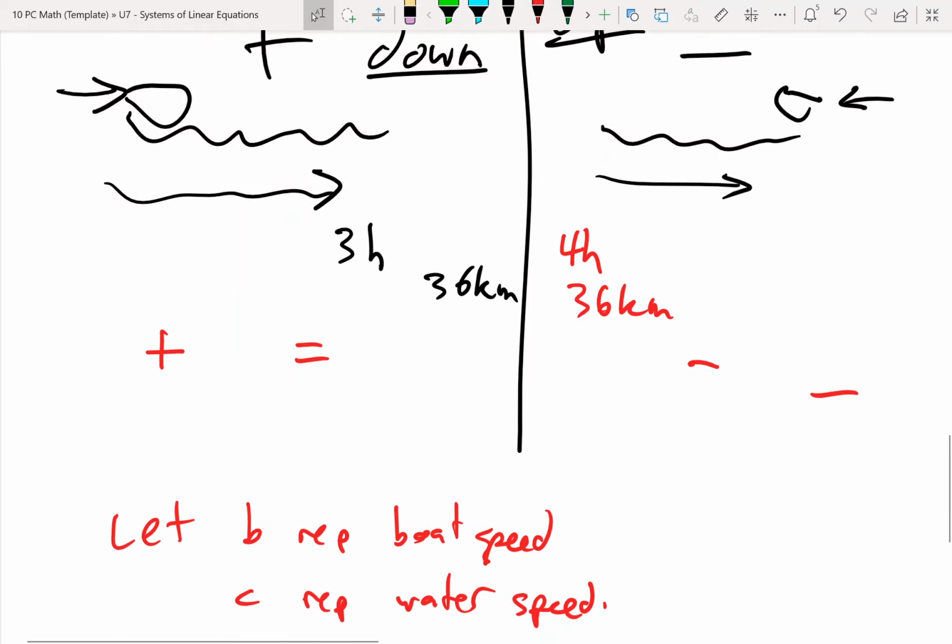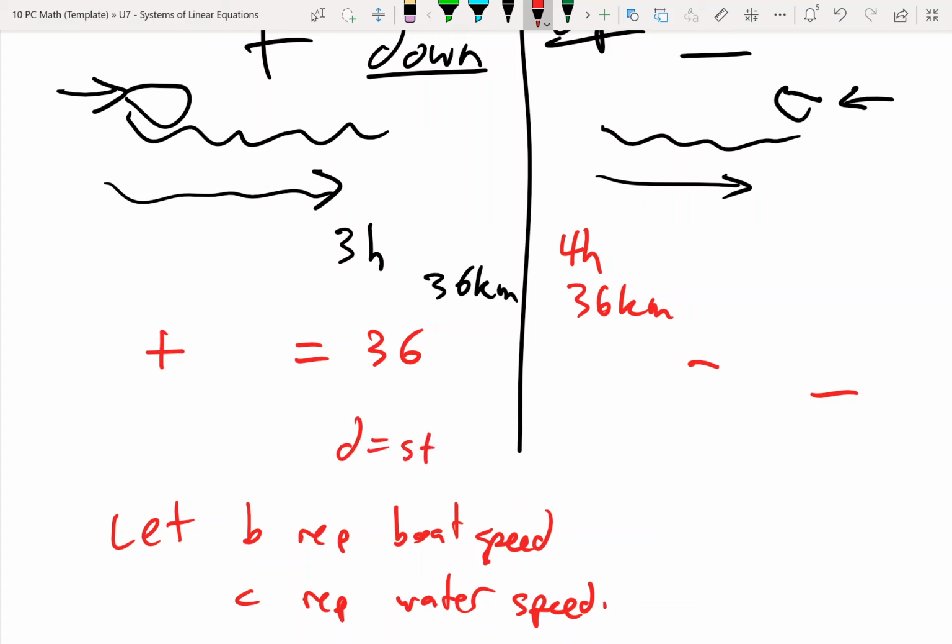I am not going to write boat speed plus current speed equals this, because I don't actually know the total speed we have. All we have is these two things, the time and the distance. So we're actually going to set it up as distance plus distance equals distance. We use our formula, distance equals speed times time.